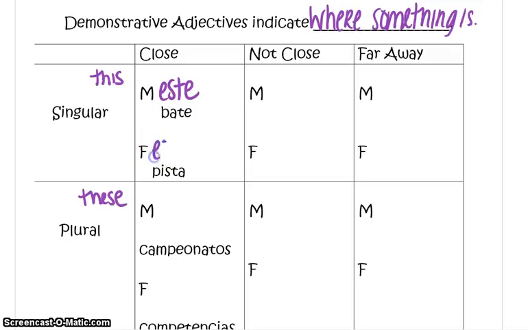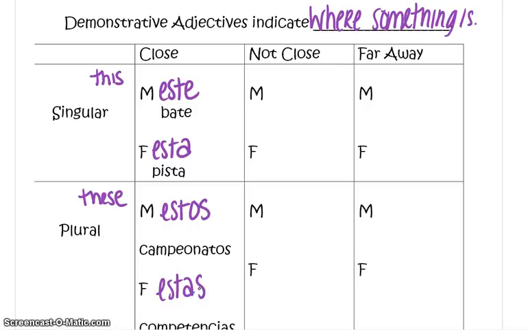The singular feminine form is esta. And again, these both mean this. When you make those plural and say these, so for example, these campeonatos, masculine and plural, it is estos. And the feminine form is estas, such as estas competencias, these competitions.